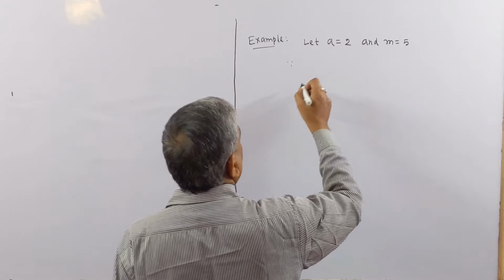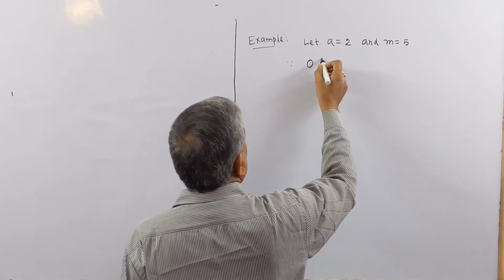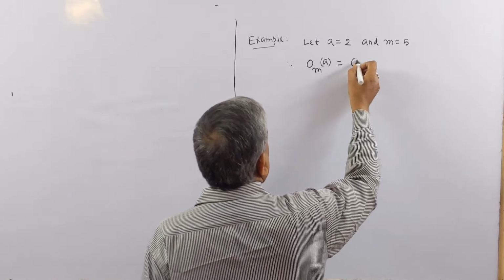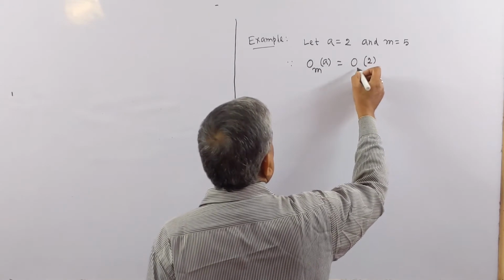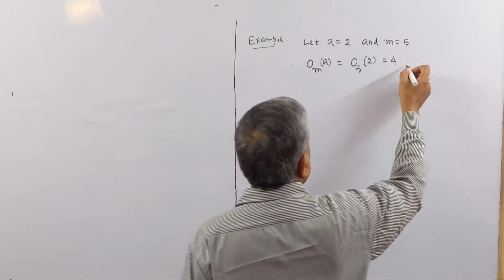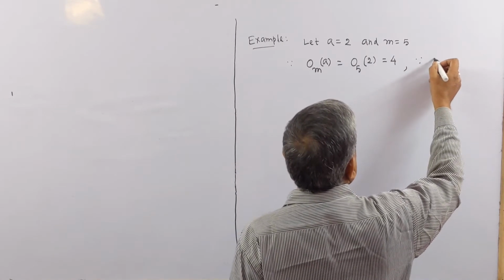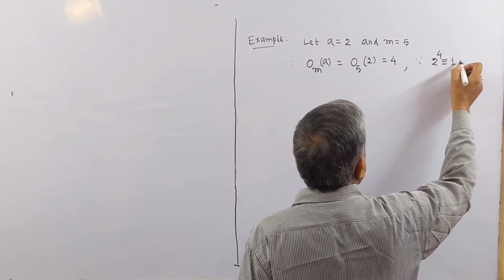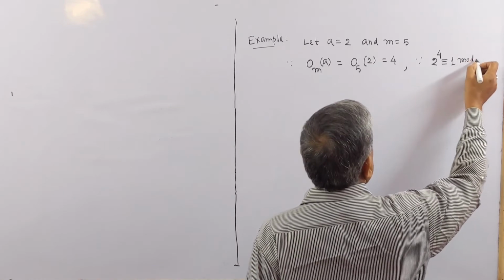Since order of a modulo m equal to order of 2 modulo 5 equal to 4, since 2 to the power 4 is congruent to 1 modulo 5.